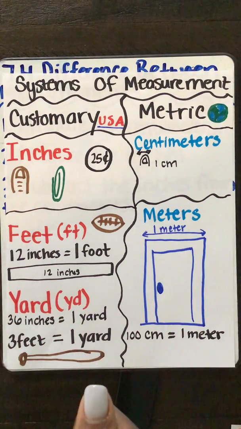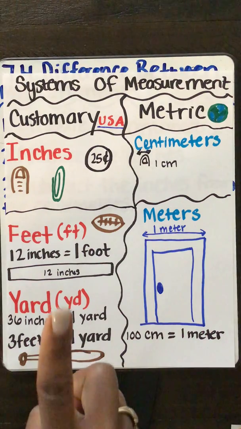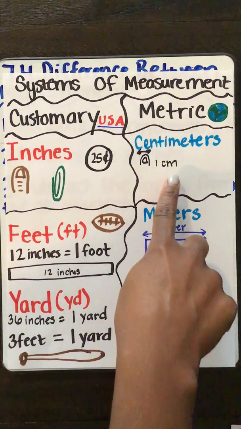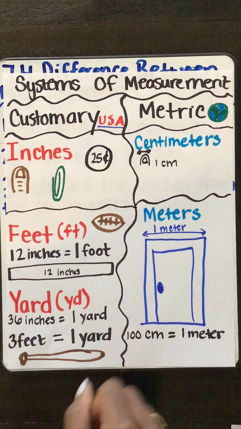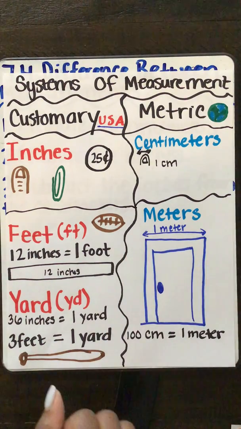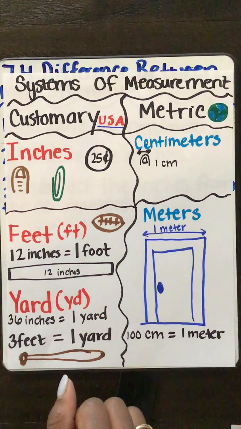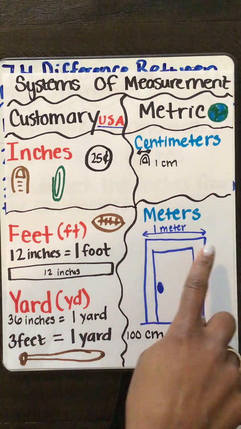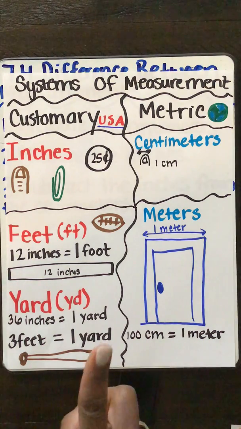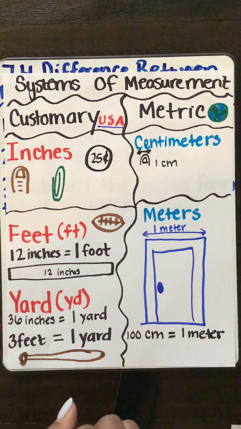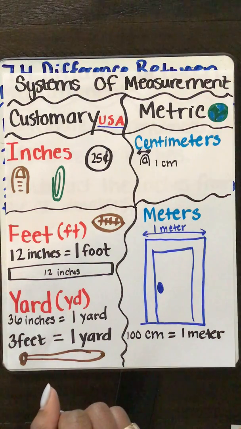That is about the length of 1 centimeter. And the other metric unit of measurement is meters. So a meter is about the width of a door. So think about the door that you have at your house or the door in our classroom. That is about 1 meter.